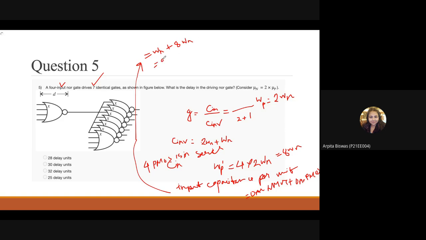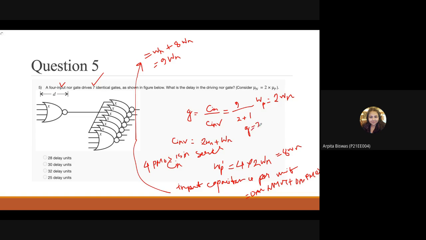So total is 9 WN, because for the NOR gate only one NMOS is participating and 4 PMOS. So it is 4 input and twice of N, so it is 8 N. So total is 9 W by N. So C input equal to 9. Here it is 9, so 9 by 3. So G is equal to 3. Here the logical effort equals 3.